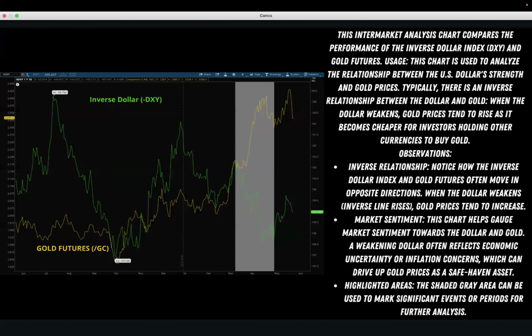Once you start to really learn how to use some of these properly, that's how you take the next step from being just your average retail trader who is keeping track of the S&P, bonds, the dollar, and gold. Then you can start to level up a little bit and point out some of these different periods where you're not seeing that normal relationship, and observe those things in real time as they're occurring.